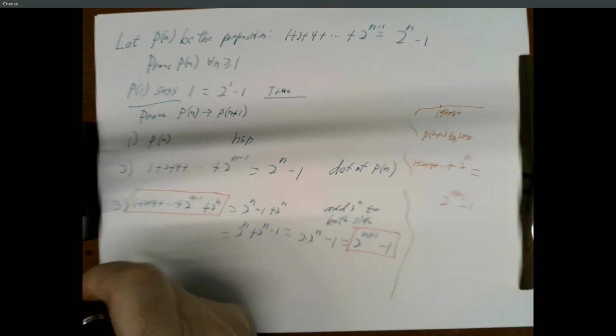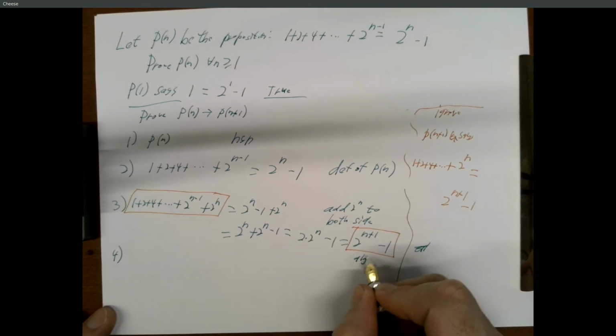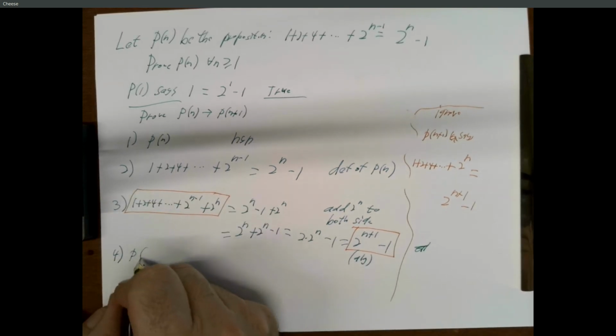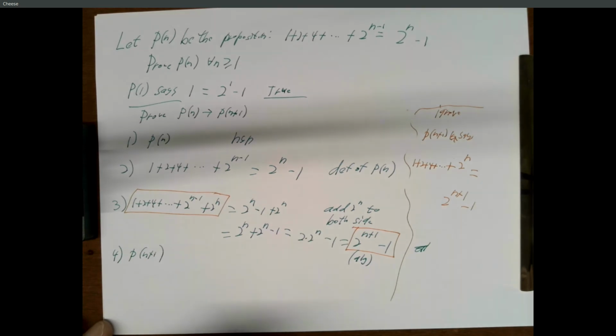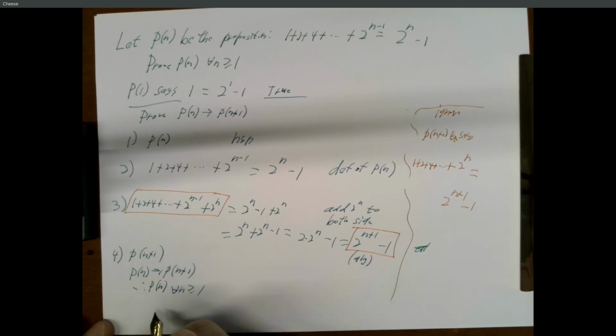Well, what is that? So this is algebra. This is P of n plus 1. So P of n implies P of n plus 1. Therefore, P of n for all n bigger than or equal to 1. And we're done.